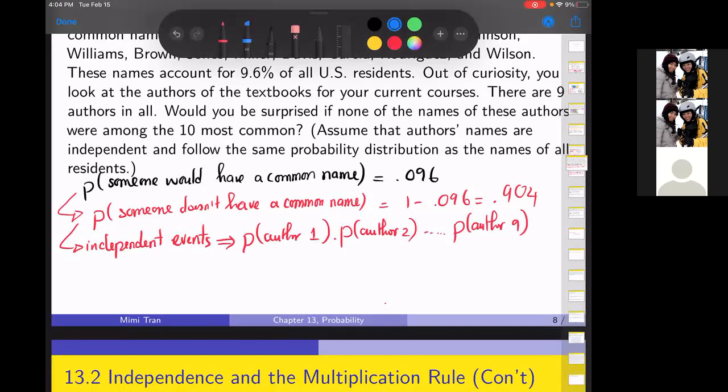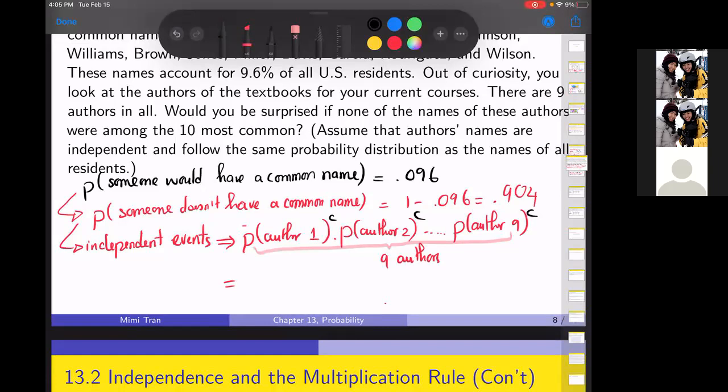How many authors are there? 9 of them. So in terms of math, this should be the complement, right? We're doing the complement. Not having that name.